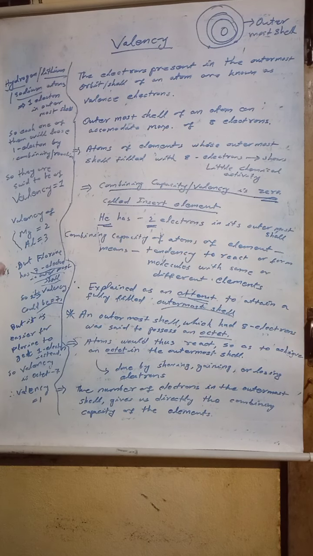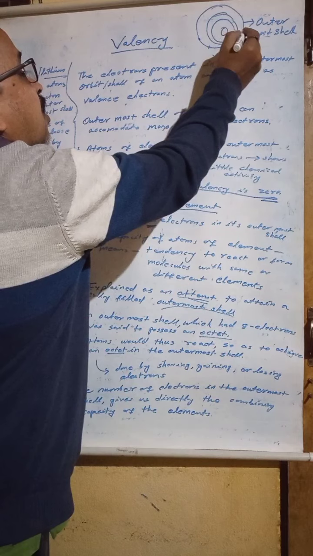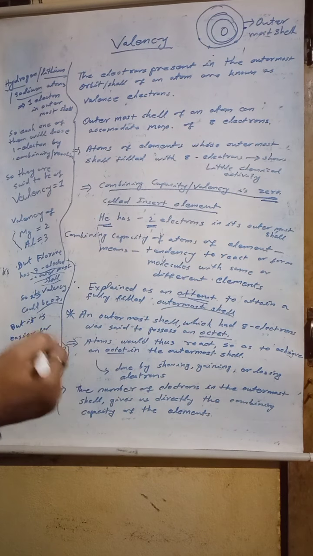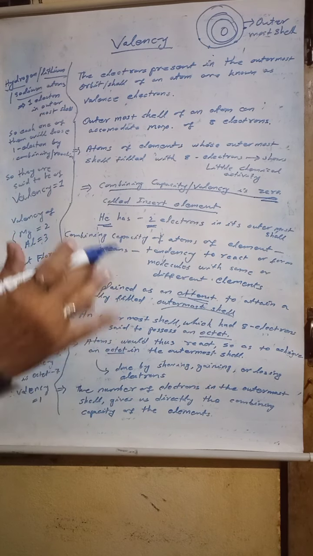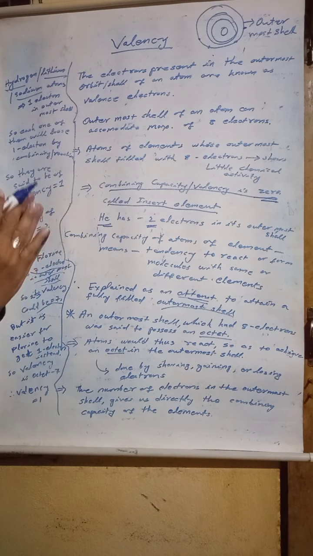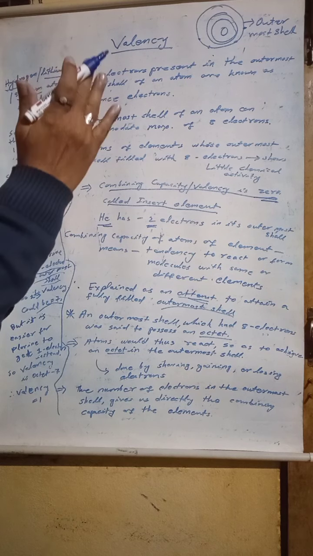So now you understand, if it has 2 or 3 or 4, then it will be easy to give, for example, while having a chemical combination with another atom.